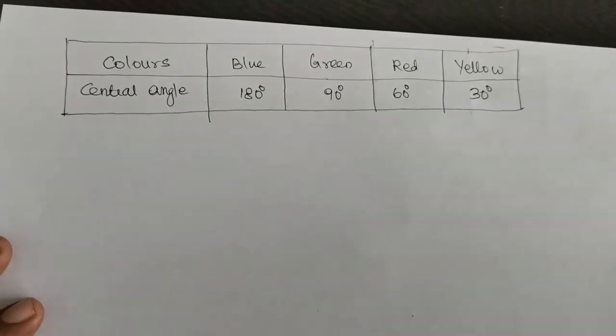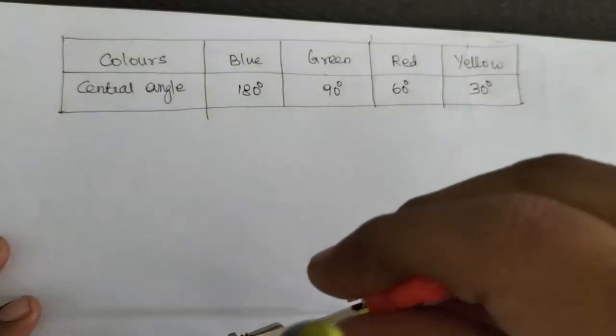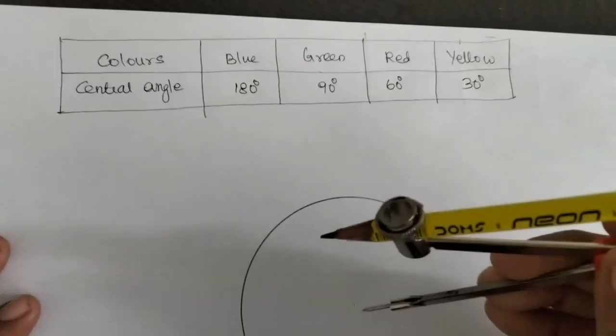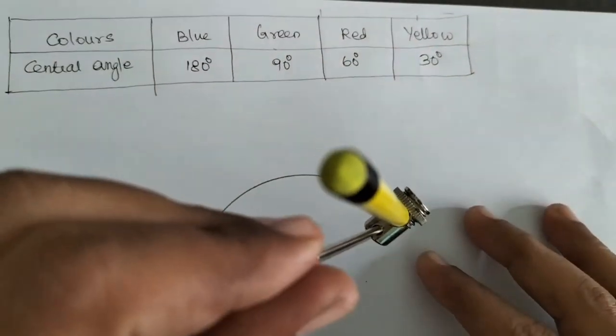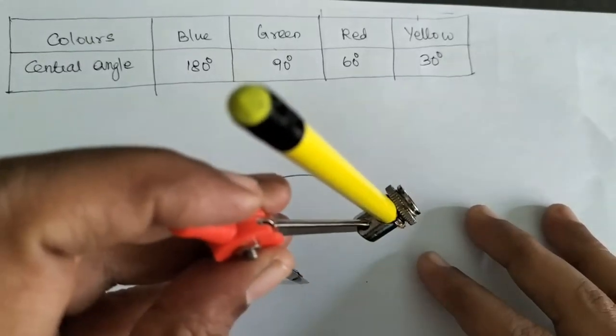In order to draw the pie chart, first use the compass with the pencil and draw the circle neatly, and mark the midpoint properly. First draw the circle with the pencil properly and complete the circle.